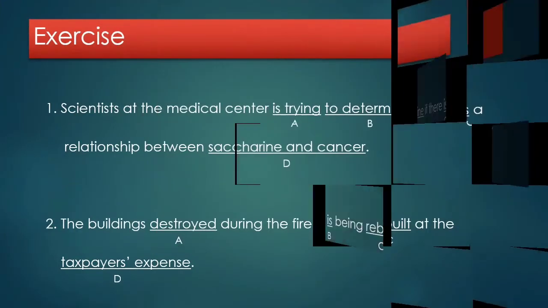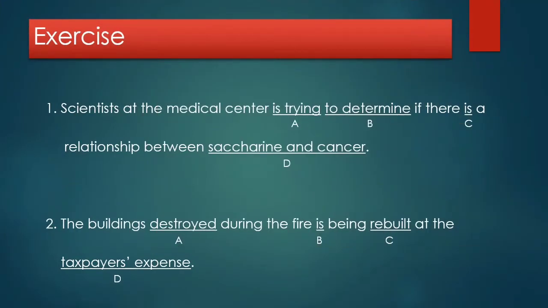Let's have an exercise. Question number 1. Scientist at the medical center is trying to determine if there is a relationship between saccharin and cancer. Please find the error word or phrase in this question.